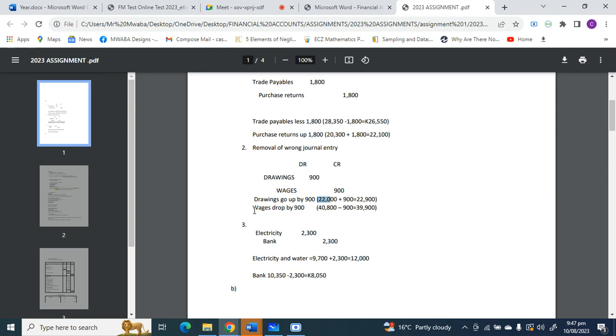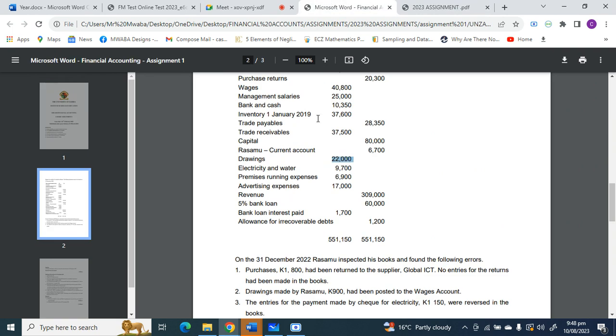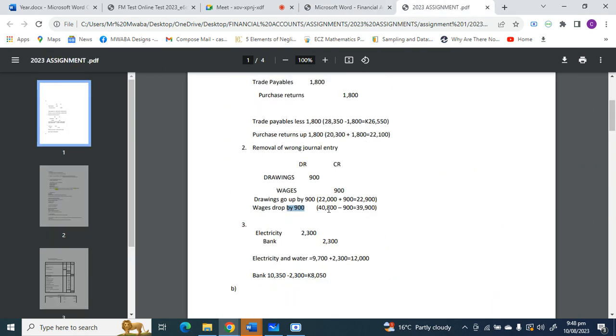Then wages, the amount also must drop by 900. The wages amount is 40,800. It must drop by 900, which signals that the 900 has been removed. So you say 40,800 minus 900, you get 39,900. So these are the balances for drawings and wages.